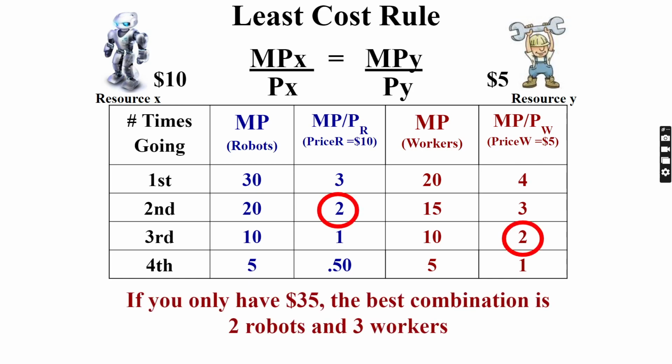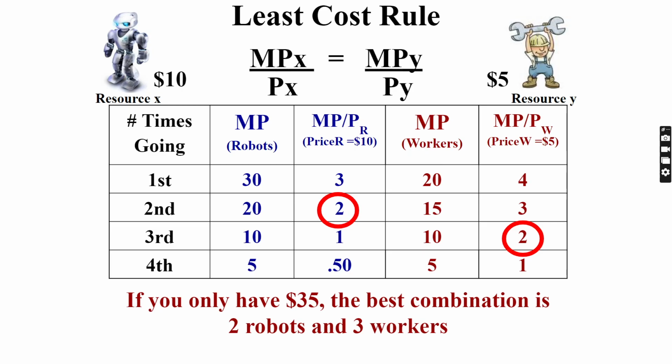Then we can continue this all the way until $35, adding the $5 for the worker and the $10 for the robot, and we see that the profit maximizing, or least cost rule, cost minimizing quantities of robots and workers are 2 robots and 3 workers. And this gets us to $35.